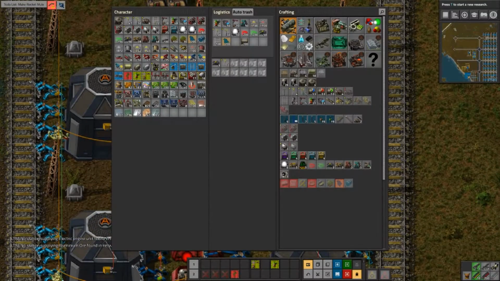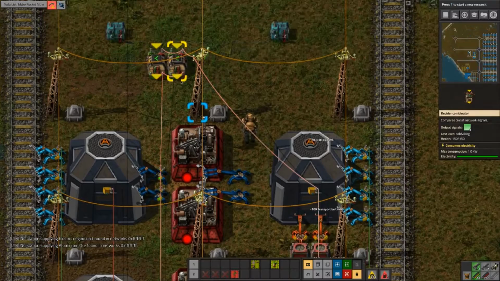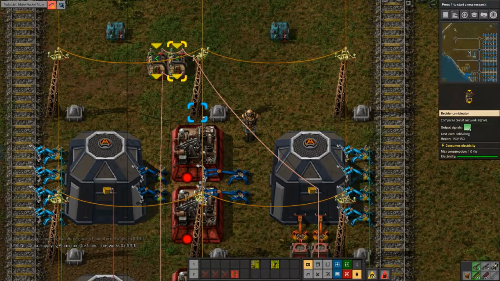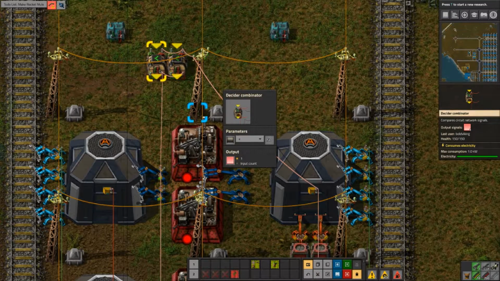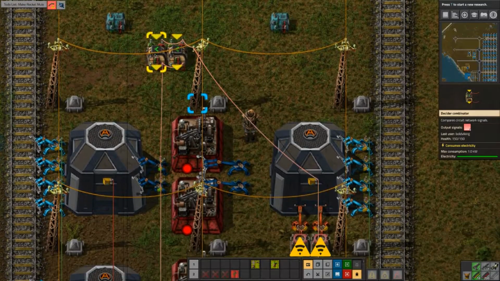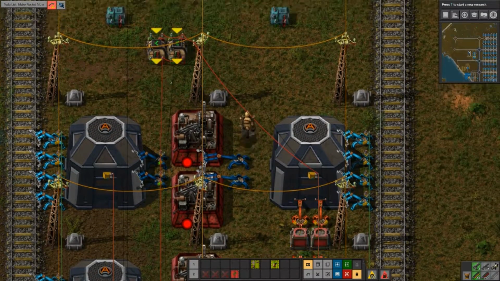Belt is good. I dump my belt into here and you shut off. Perfect. Yeah, that'll work. That'll do just fine. So this is the lock off circuits.